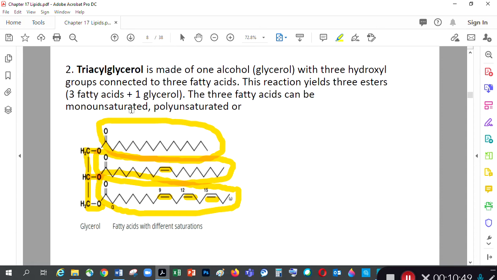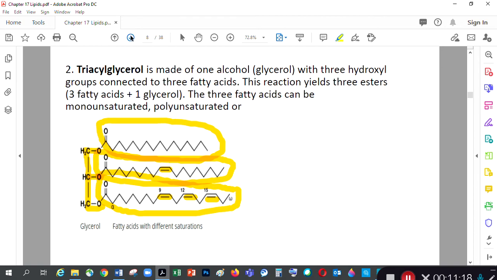And this type of lipid is called triacylglycerol, which is really based on fatty acids connected to one glycerol. Glycerol is a trihydroxy alcohol. So it's an alcohol, but as I said, it's connected to 3 different fatty acids, and you make another lipid called triacylglycerol, which is fatty acid based.